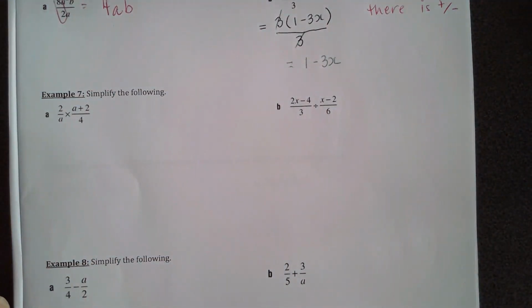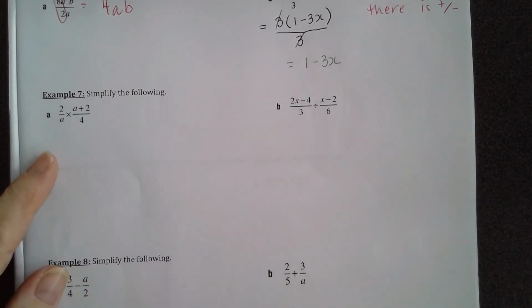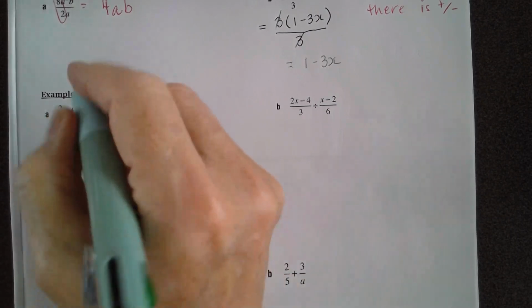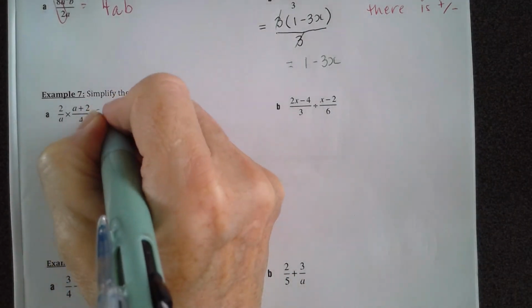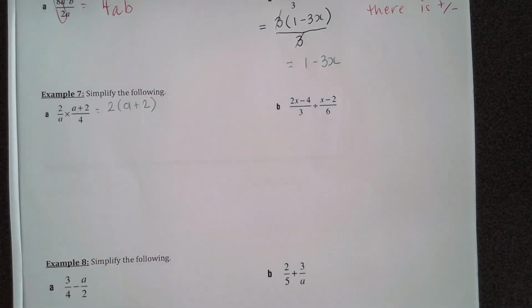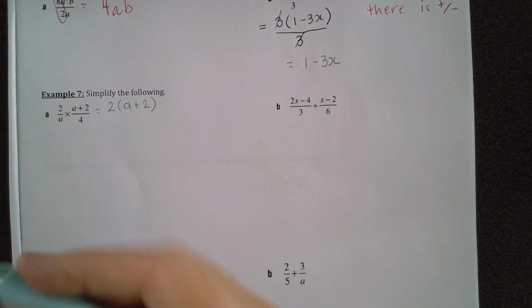Simplify the following. Can I cross these A's out? I better not do that yet. I'm going to write 2 bracket A plus 2, because when you multiply fractions, you go across the top and across the bottom. Shall we write that down?